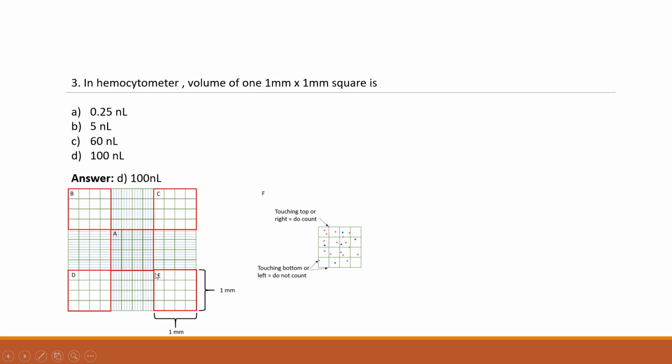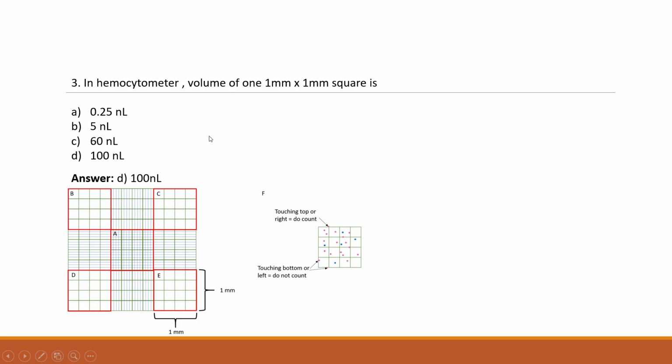This single red box that you see is your 1 mm by 1 mm square. That one red box can hold 100 nanoliters. The red is depicted because those are the boxes we usually count. We do not count all the boxes.